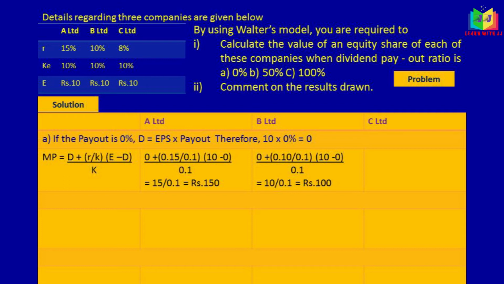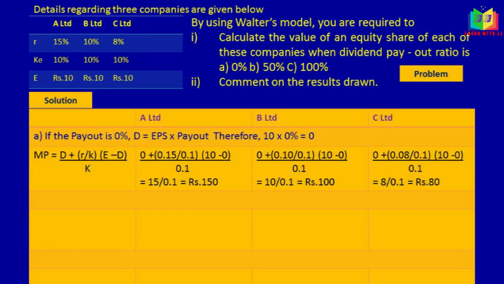Similarly for C Limited, D is 0 and R is 8%, so we write 0.08, and K is 10%, so 0.1, and E is 10. 10 minus 0, the whole divided by 0.1, that is the K here. So we'll get 80 rupees. The market price for A Limited at 0 payout is 150, for B Limited it's 100 and for C Limited it is 80.